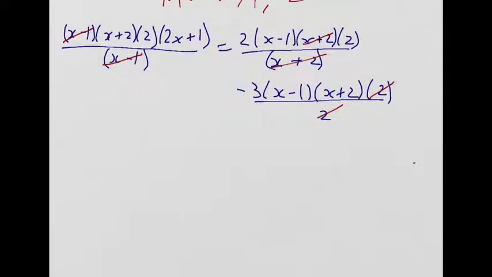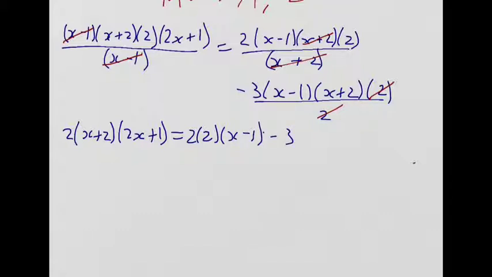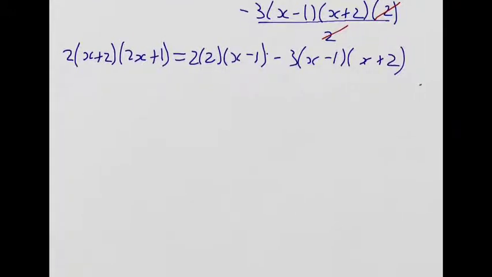So that leaves me with 2 times x plus 2, 2x plus 1, equal to 2 times x minus 1, minus 3 times lots of stuff here. Got to be careful, right? So now it's just a matter of distributing and foiling. Am I going too fast?